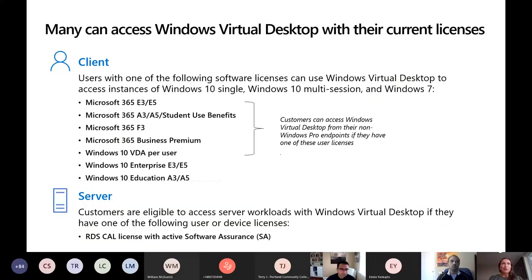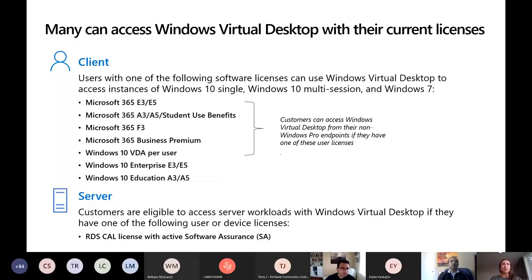One of the best parts about Windows Virtual Desktop is that many organizations already have the license entitlements to get started. In order to leverage Windows Virtual Desktop, the key backend license, which is a theme through all of these, is Windows 10 single, Windows 10 multi-session, and Windows 7.